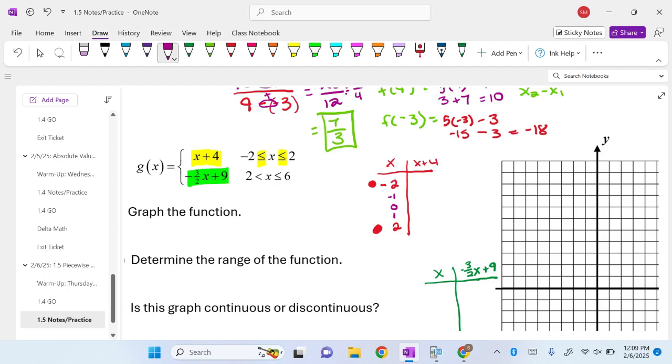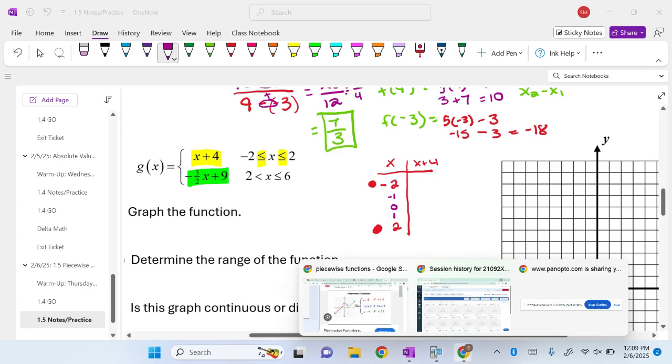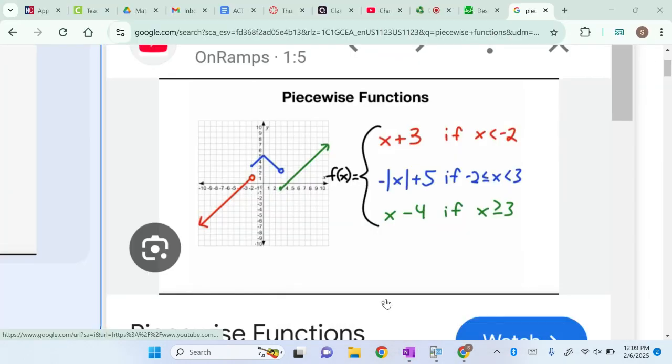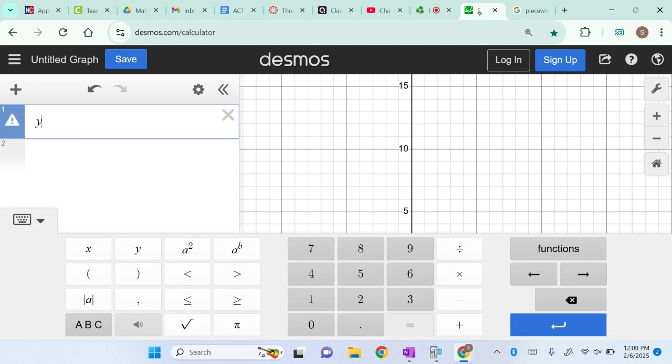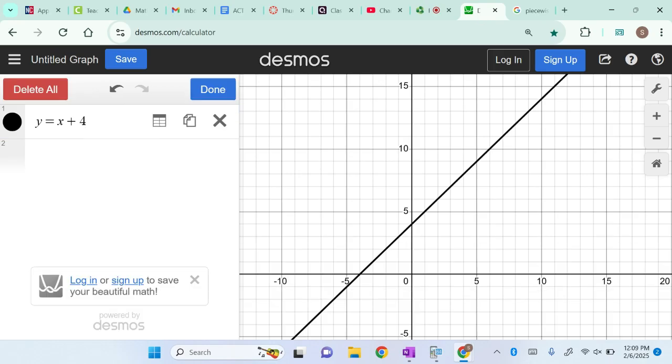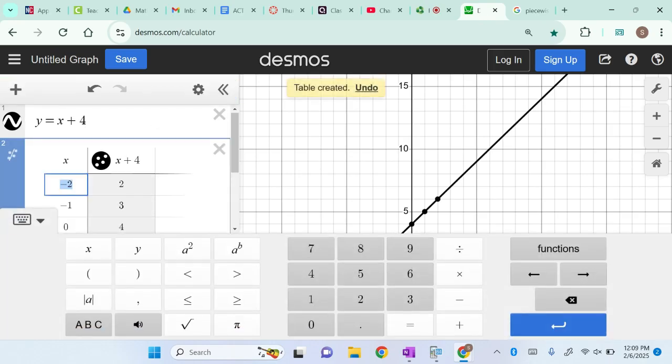All right. Now we're going to find those corresponding y values. Now you could plug in each x value in for x in the function and evaluate, but you can always use Desmos as well. So if I have up Desmos, remember you can put in y equals x plus 4, hit the gear key, create a table, and there's my table of values.